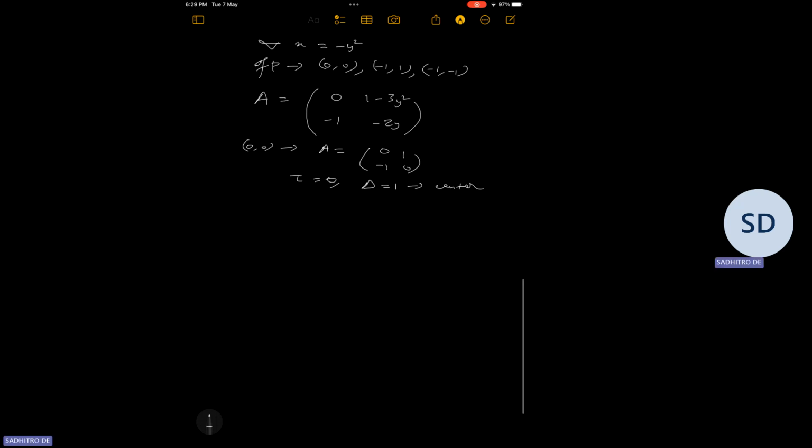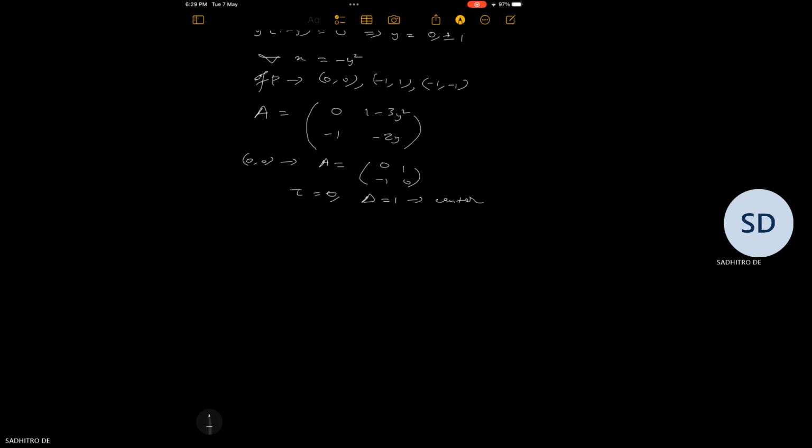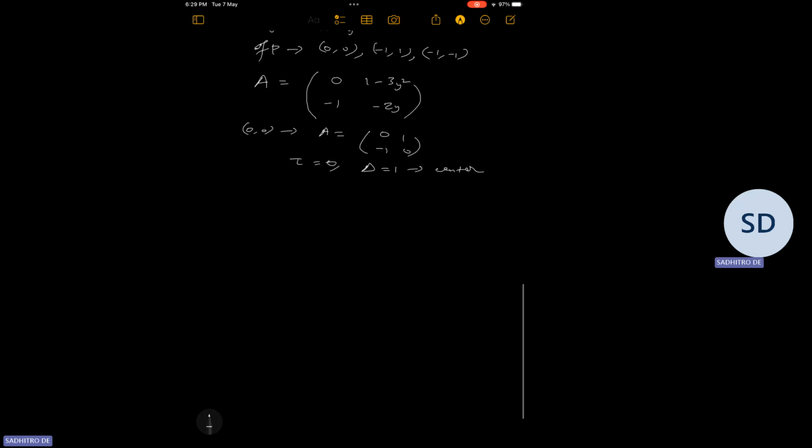And the other fixed points, so for the other fixed points, we have A equal to [0, 1-3; minus 1, minus 2] and [0, minus 2; minus 1, plus 2].